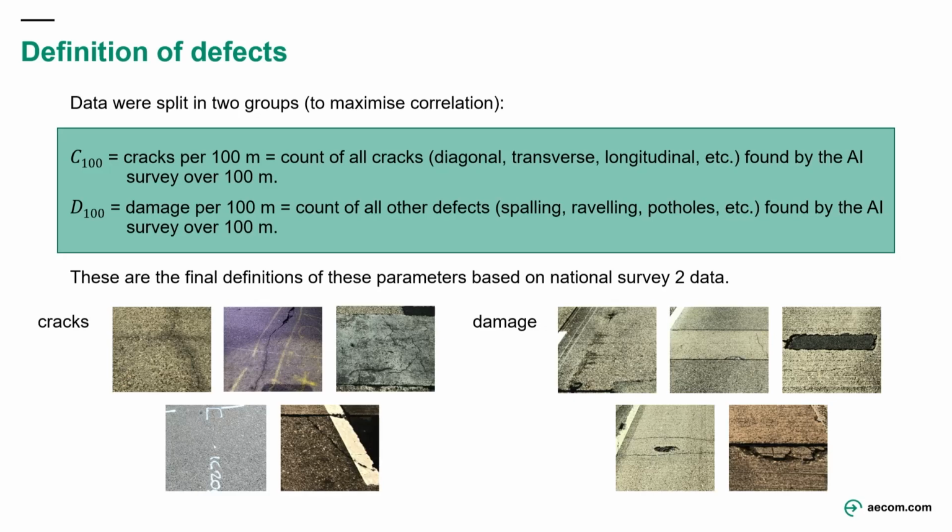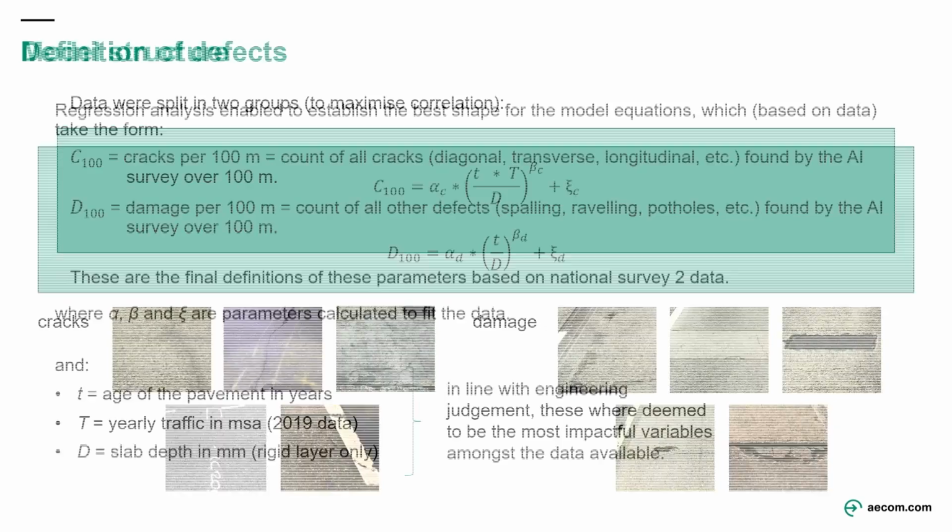Again, here we have some examples of the defects that we encounter at network level. And these were definitions of the defects based on what the survey technology was back then when we developed the model. Now there has been some development, so we are looking also at improving these definitions, but again, it's a work in progress at the minute.